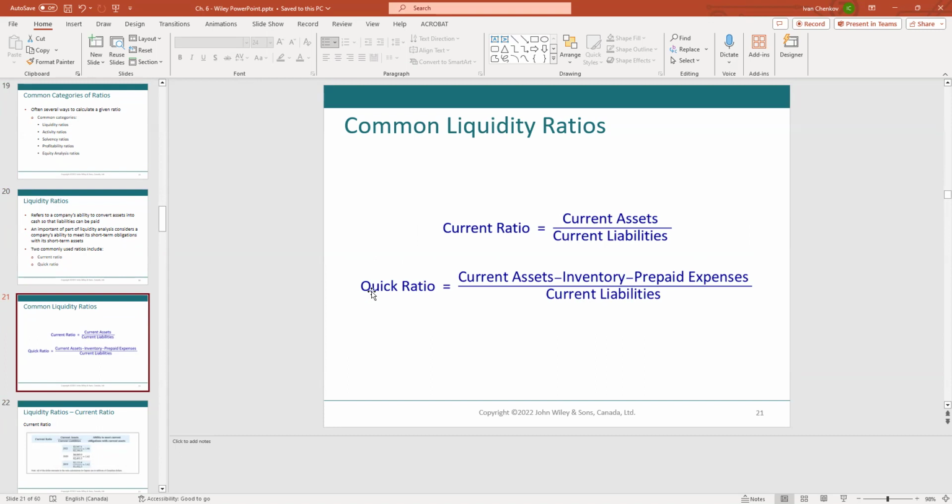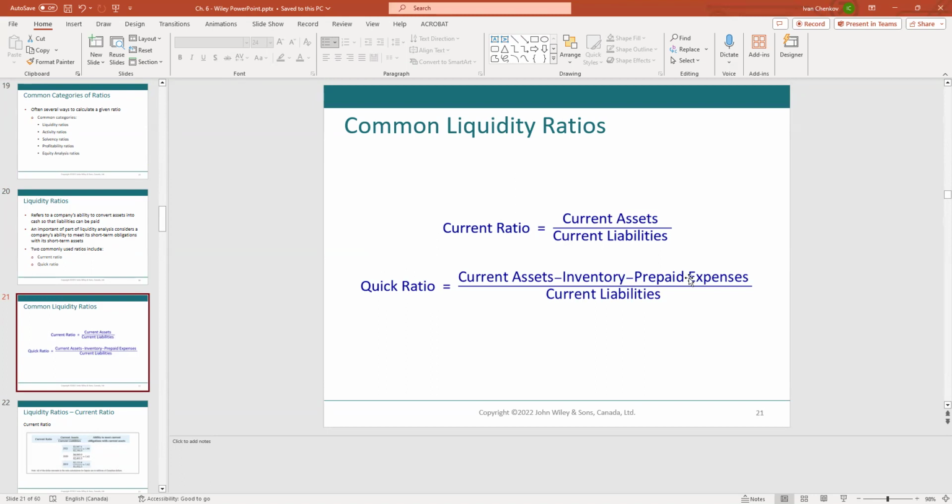Quick ratio. What's the difference now between the current ratio and the quick ratio? In the quick ratio, we're gonna eliminate assets which are not so easily converted to cash. They're still current assets, but not so easily converted to cash. Those 2 assets are inventory, because remember, first you have to sell the inventory and then collect the accounts receivable.